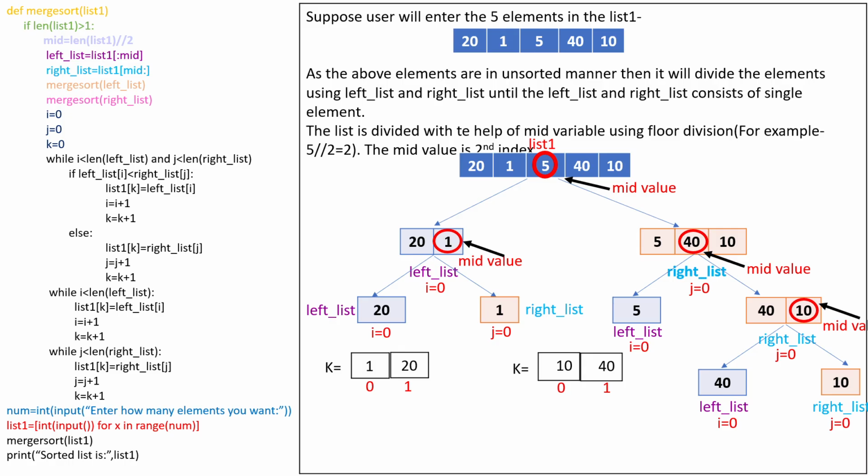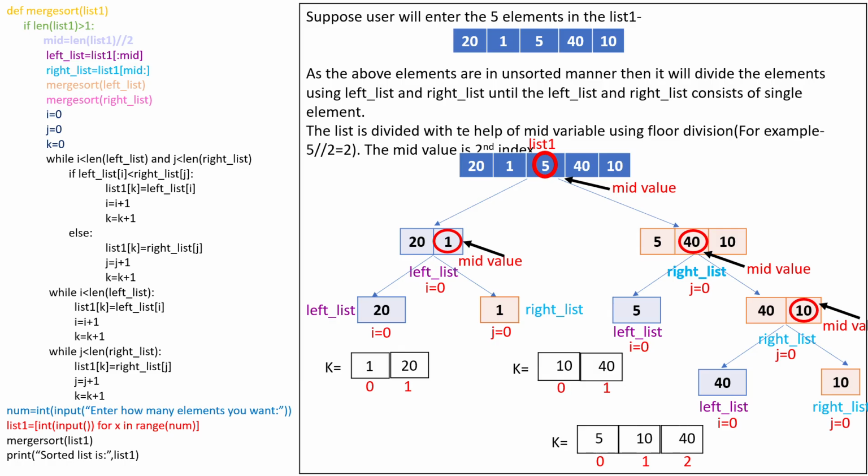Third, we merged this particular left list and right list. This right list already has the sorted elements 10 and 40 at the 0th and first positions. So this left list and right list were merged and we got the sorted elements 5, 10 and 40.